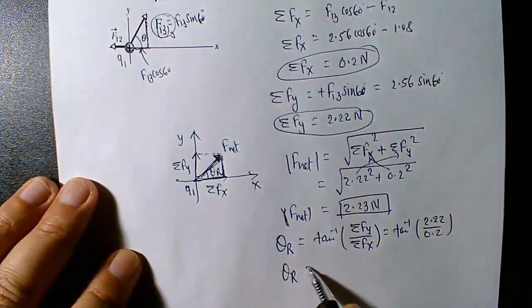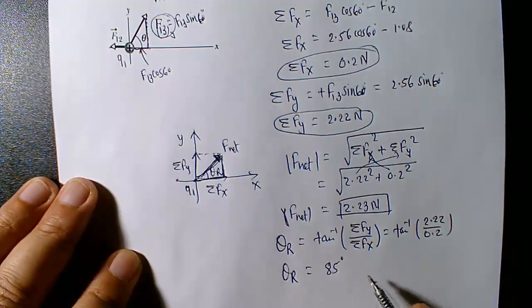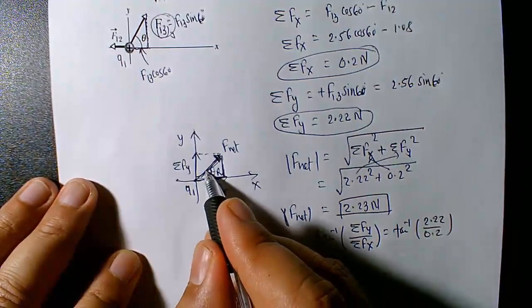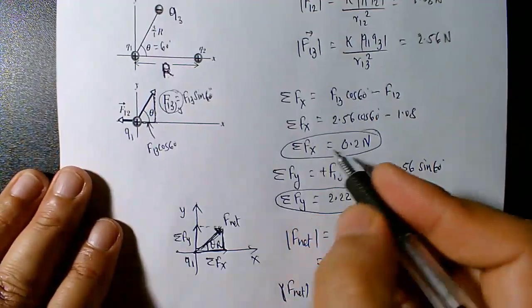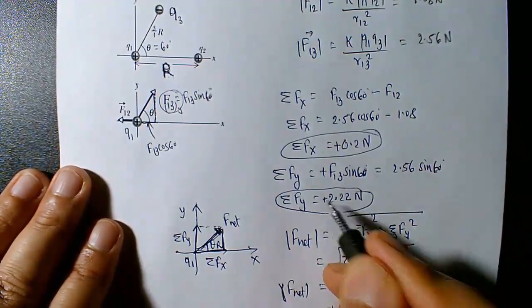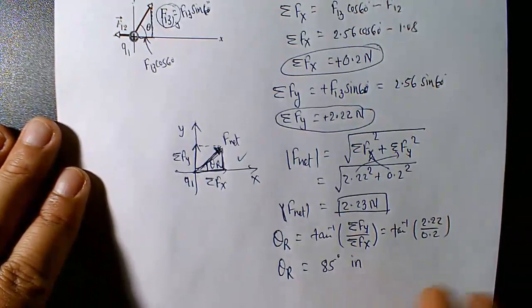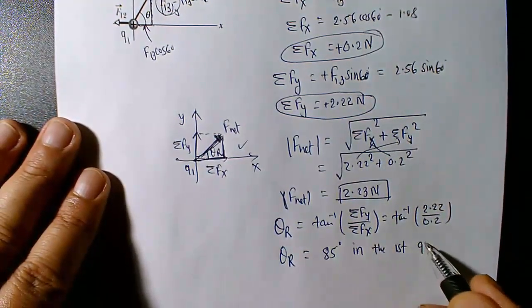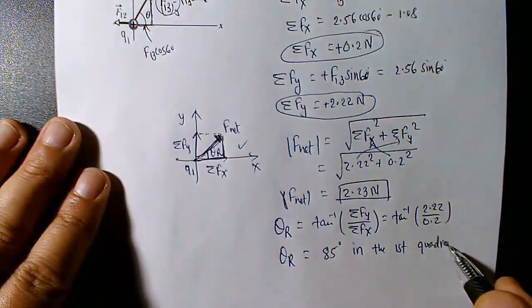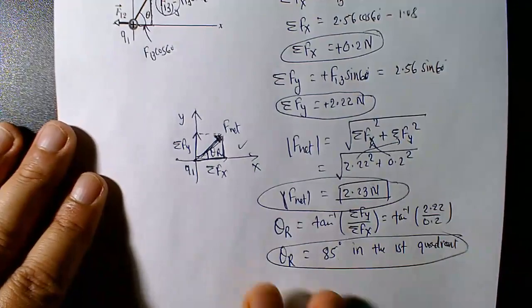So theta r is about 85 degree. You also need to mention the quadrant. Because the sum of the x is positive and the sum of the y is positive, that means it's in the first quadrant. You must mention this. Okay, so that's your answer.